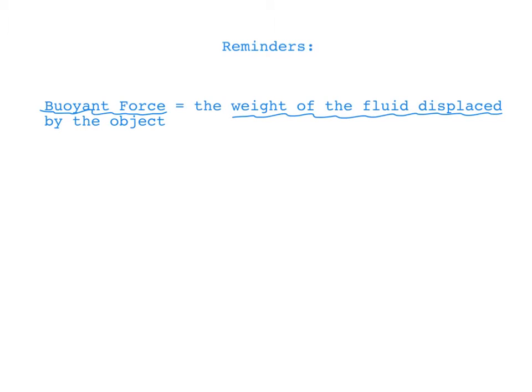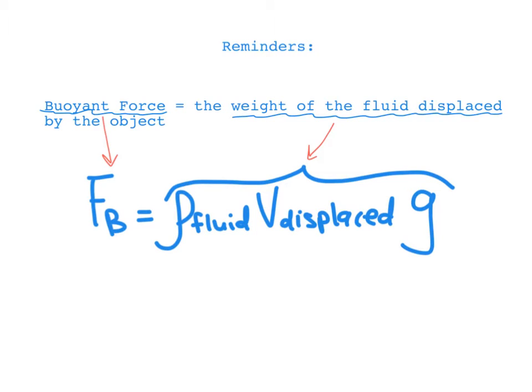Our formula is buoyant force, symbolized FB, equals the density of the fluid times the volume displaced, or underwater, times gravity. That's just a quick reminder to help us move forward.